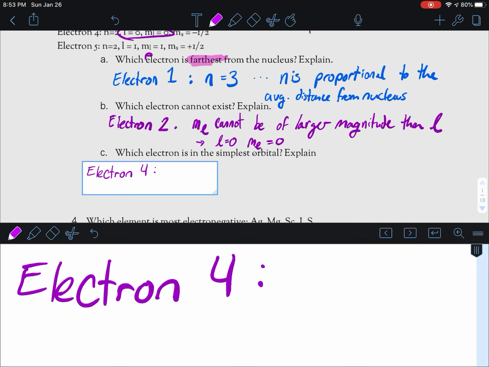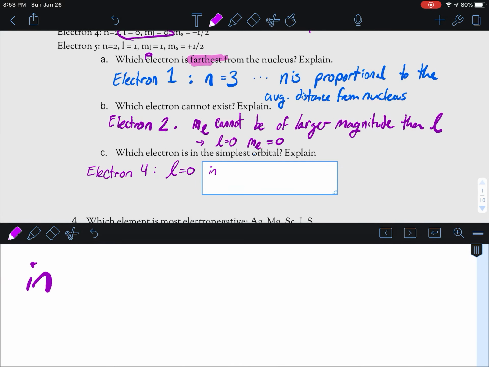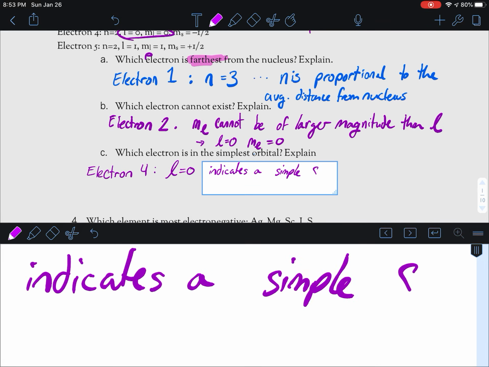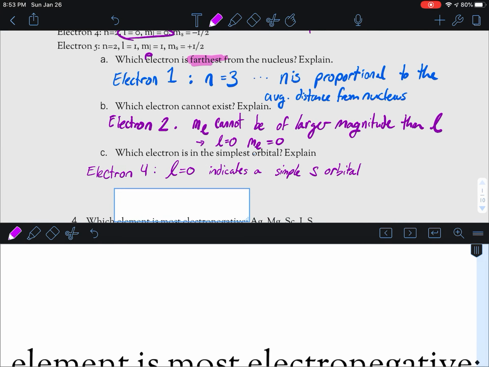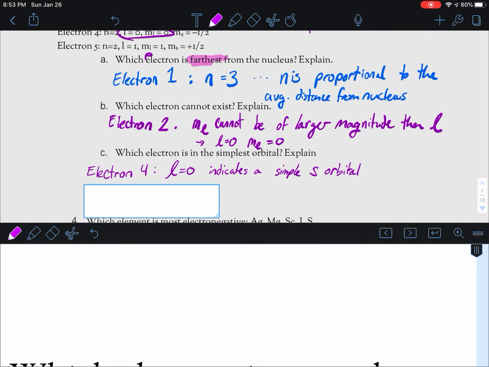Okay, so for electron 4, L equals 0, which indicates a simple s orbital. The really in-depth answer here is L is a measure of how many nodes, and so this is the least number of nodes.